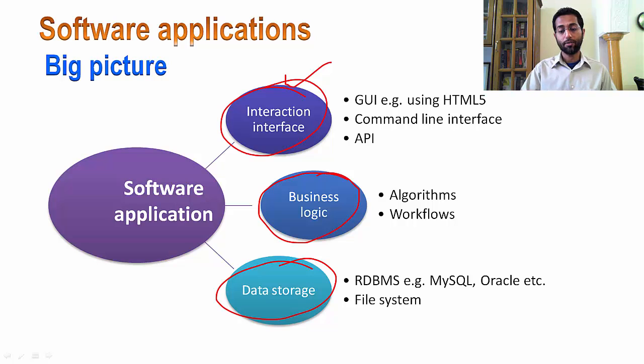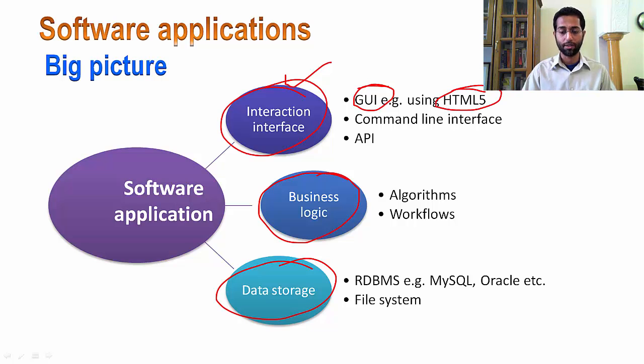The interaction interface could be realized in different ways depending upon what functionality the application is exposing to its users. In the example that I gave of online banking or online shopping, you may build the interaction interface via a graphical user interface, which could be constructed using a variety of technologies such as HTML5 or Java Swing.